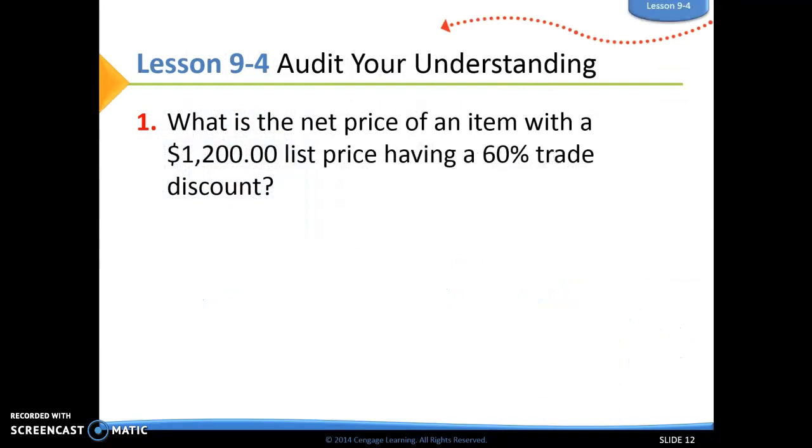Out of your understanding, number 1, what is the net price of an item with a $1,200 list price having a 60% trade discount? You might get your calculator out for this one.